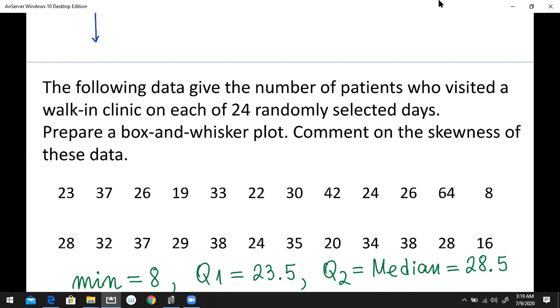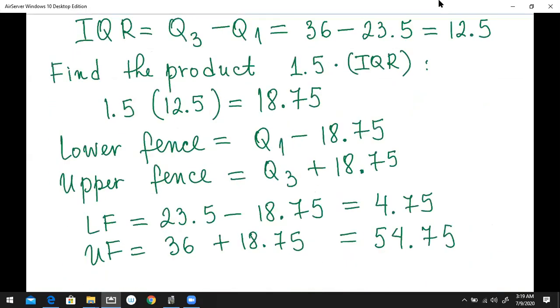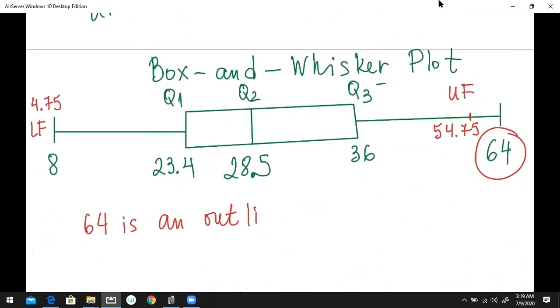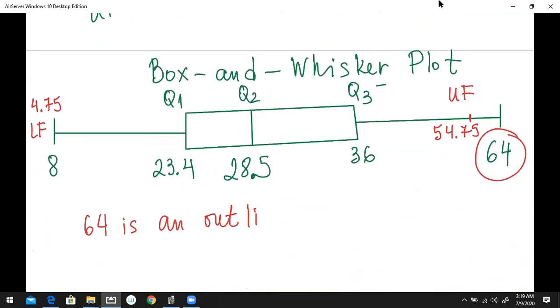Okay, so 64. I didn't finish this one. Outlier. So 64 is an outlier.